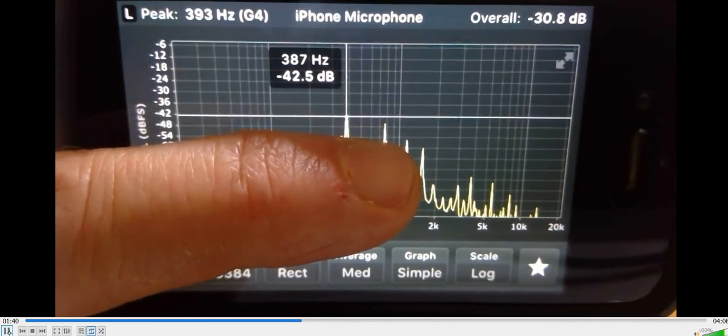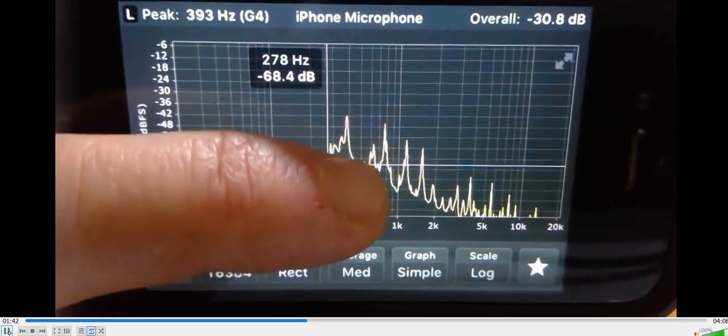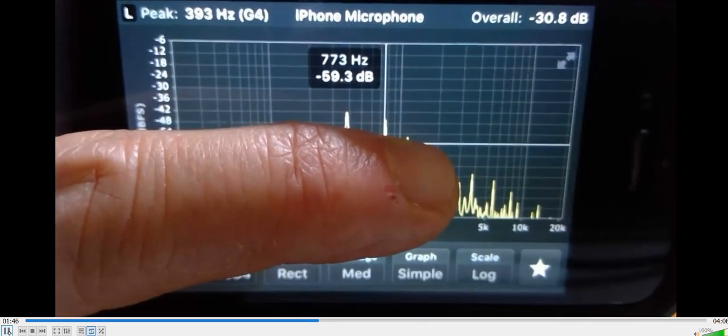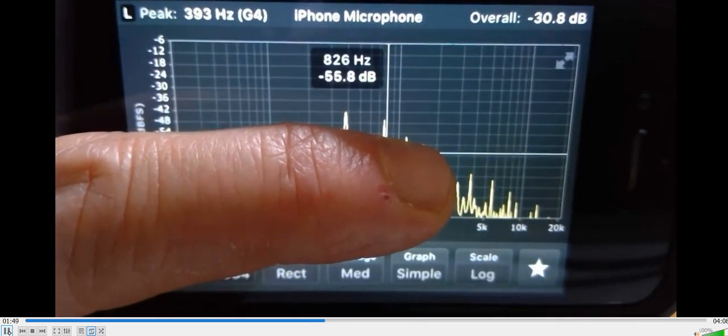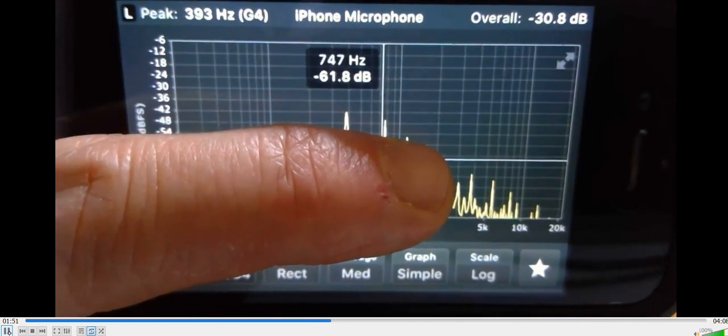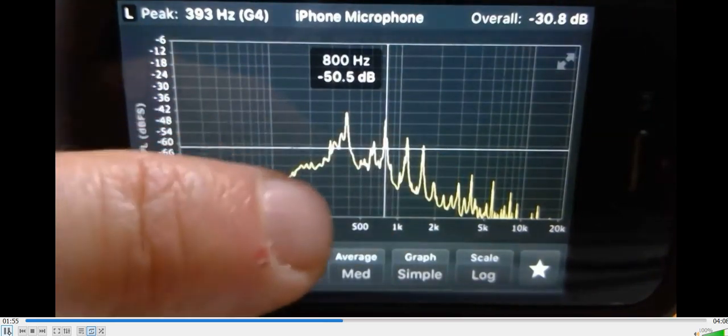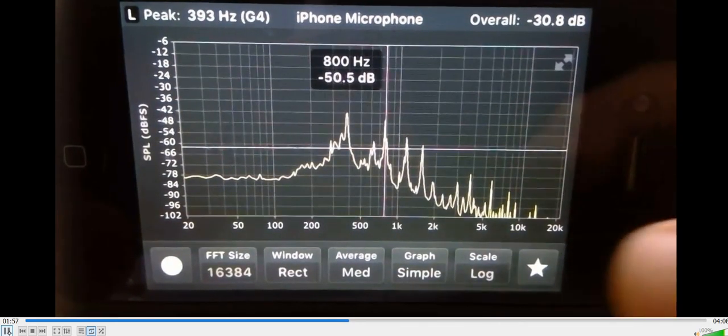So the first frequency was around 390, and then for a string, the next harmonic should be about 780. That's twice the frequency, twice the fundamental frequency.